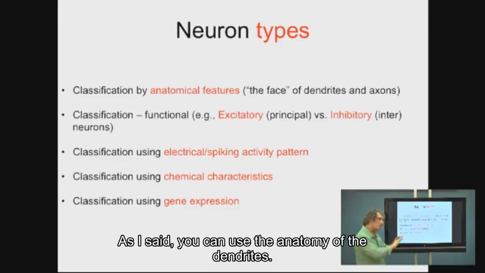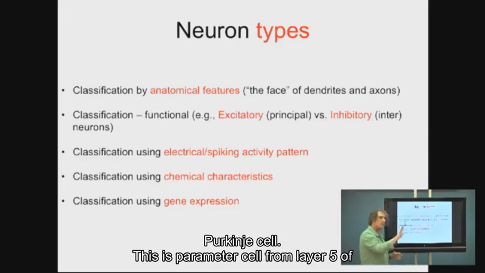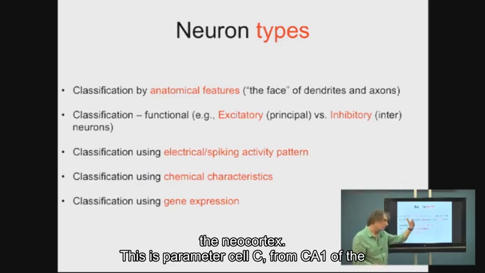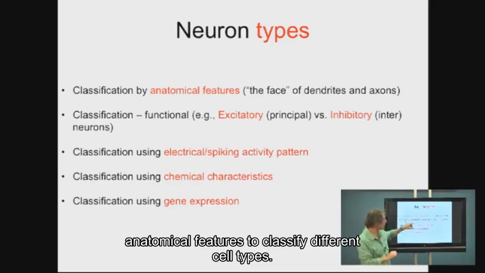As I said, you can use the anatomy of the dendrites, the shape of the dendrite, to classify neurons and say, this is cerebellar Purkinje cell, this is pyramidal cell from layer 5 of the neocortex, this is pyramidal cell from CA1 of the hippocampus, and so on. So this is using anatomical features to classify different cell types.